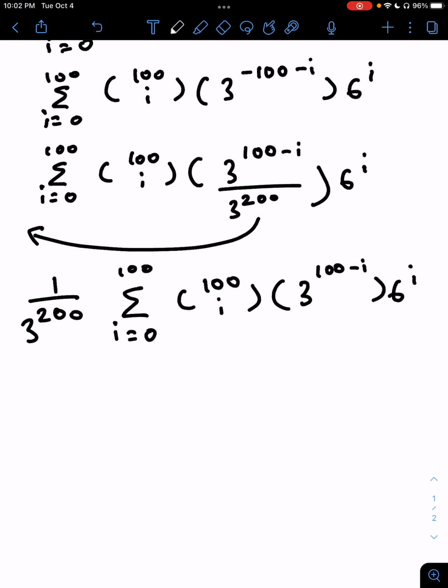And now I need to look back at the notes. Okay, I did everything up to here, right? And now here's the weird part. This is where you have to remember a formula that comes in.